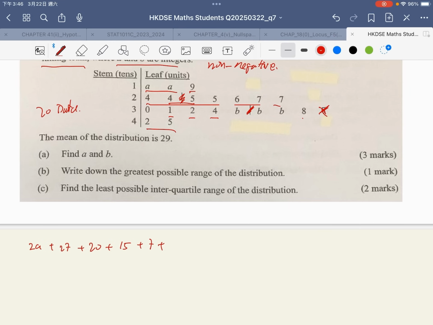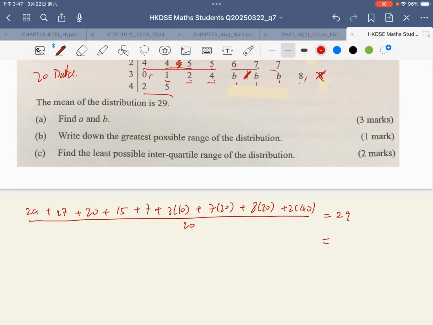Okay, I add the unit digits, and also I have to add the tens digits: 10, 20, 30, 40. Over the number of data, 20, equal to 29, and move them to the right, 580.